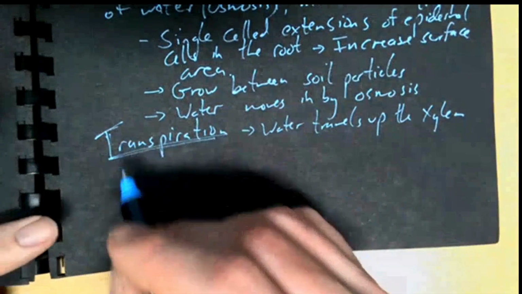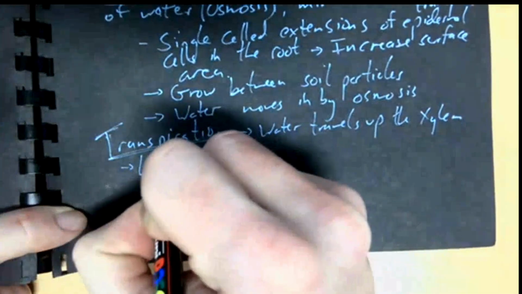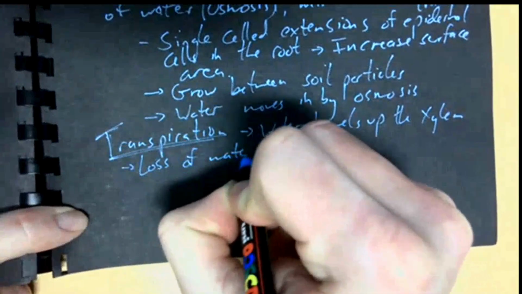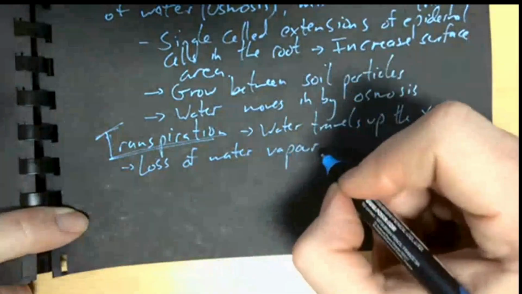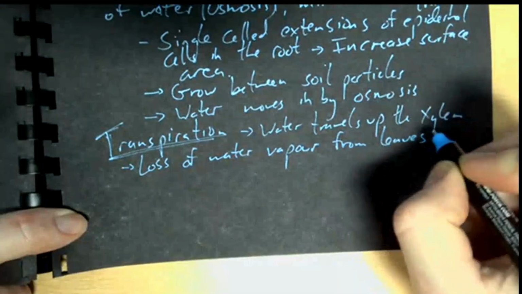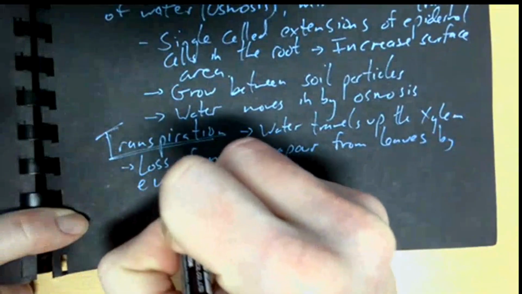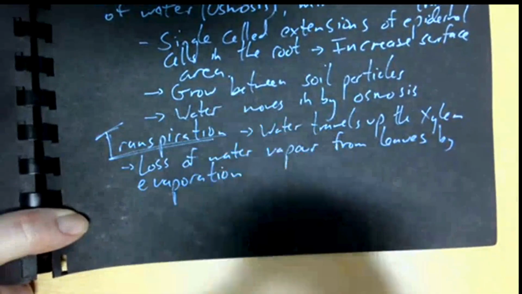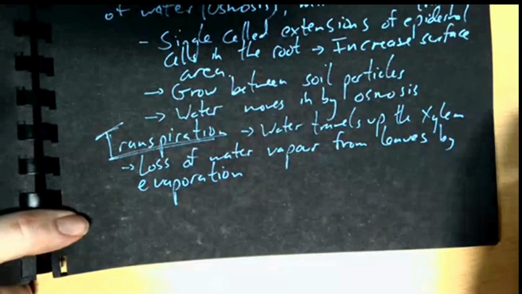And we can give it a little definition. It's defined as the loss of water vapor from the leaves by evaporation.